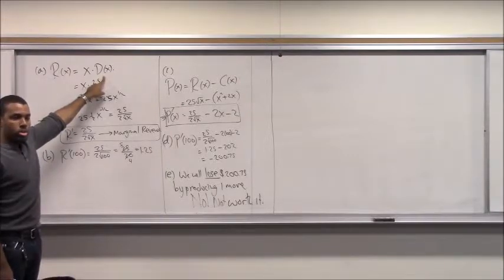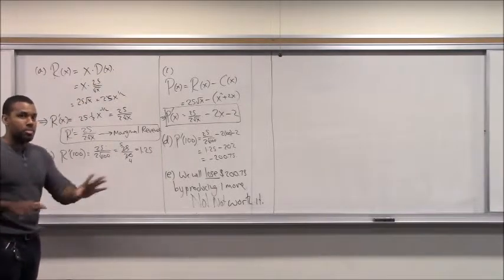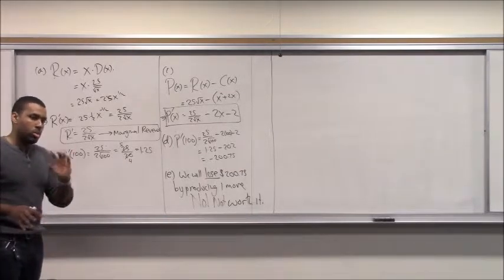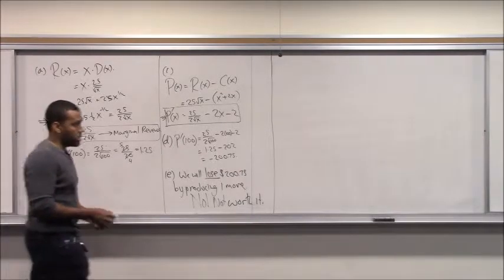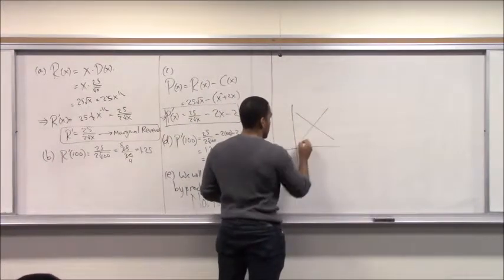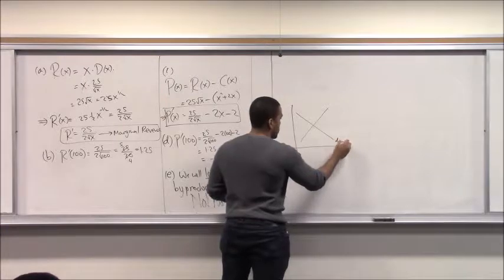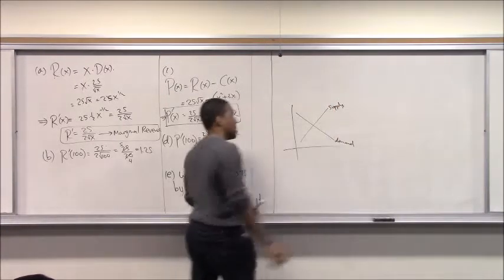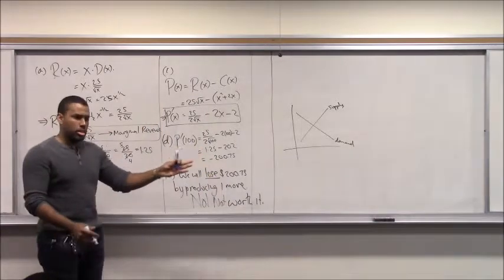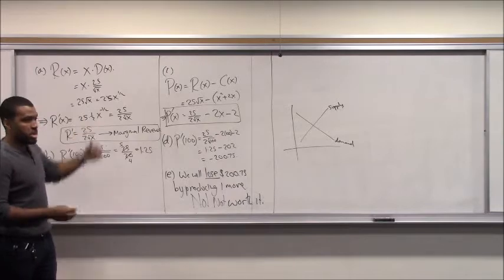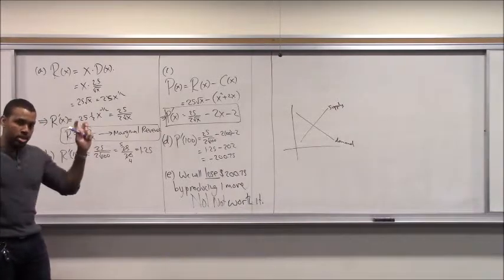So there are problems where they'll talk about both supply and demand in the same problem, and you should know to figure out which is which. The demand is always going to be decreasing, and the supply is always increasing. So demand is always moving down, and supply is always moving up. But you'll need to know that in questions where they mention both. In any question where they just mention the demand alone, take that as your price. Okay.